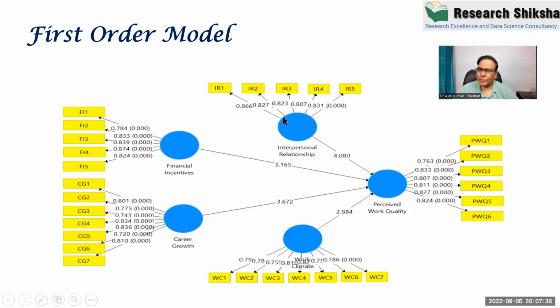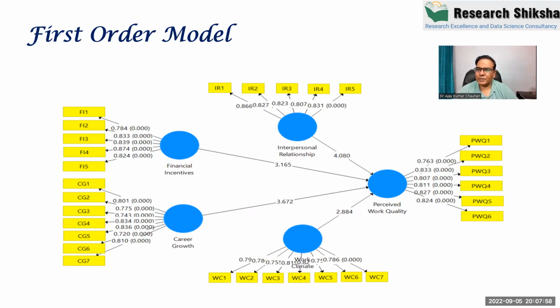So when you are making a model with a minimum of 2 zero order constructs, any model consisting of at least 2 zero order constructs is known as first order. So in AMOS, we use first order CFA and first order SEM.